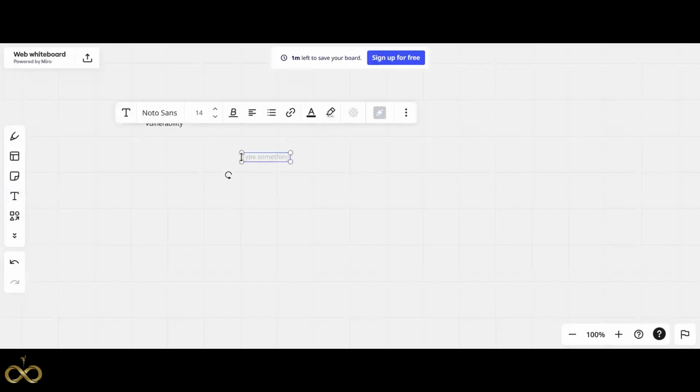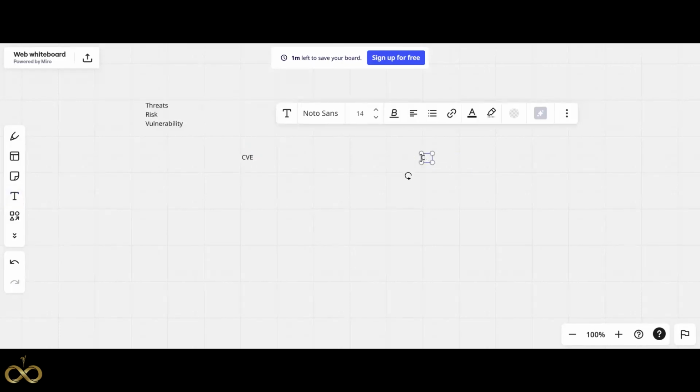That is where your CVE and CVSS come into the picture. So CVE is going to tell you what that vulnerability is, and CVSS is going to tell you how serious or how critical that vulnerability which is found is.